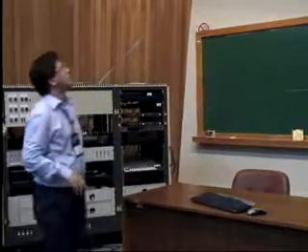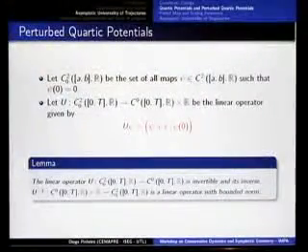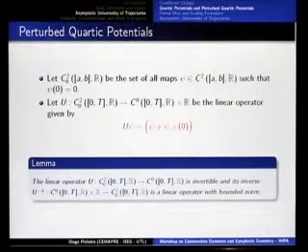Okay, so let C2_0 be the set of all C2 maps on an interval with value 0 at 0. And let U be the linear operator with domain C2 and range C0.